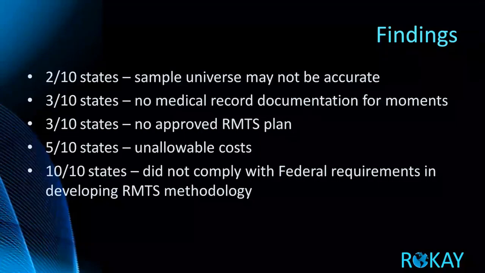And I don't even care who the contractors are. If I work with a contractor, I'm going to my contractor and saying, hey, do we have any issues with this? Look at what just happened in this state, or what happened in this state 5 years ago. Do we have any of these same kind of issues? These audits went on from 2010 to 2017, so 8 years of audits. And in that time, 10 out of 10 states did not meet the federal requirements when they developed their methodology.